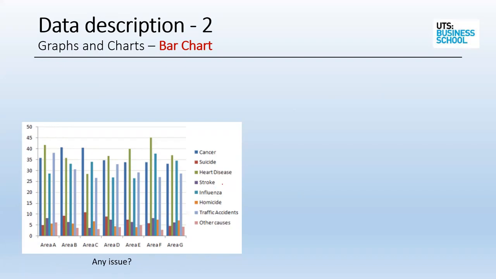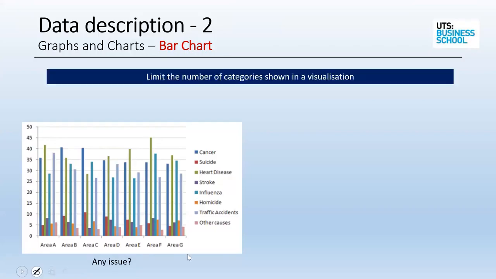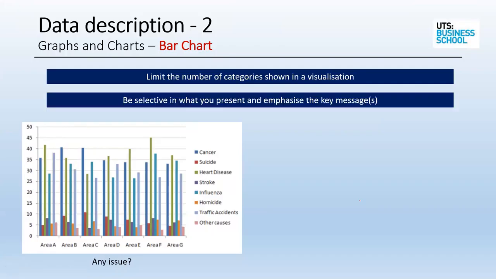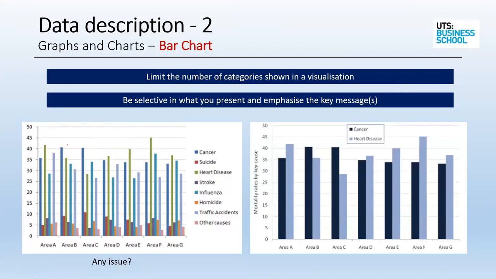Now, when you come across these types of situations, what you can do is pick up the main insights and present them in a graph for better visualization. Just pick up a few categories and show them. For example, on the left-hand side, the green and the blue bars are pretty predominant and they represent heart disease and cancer.